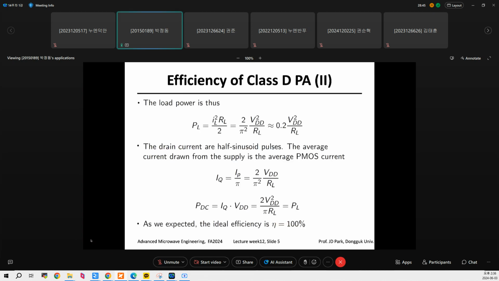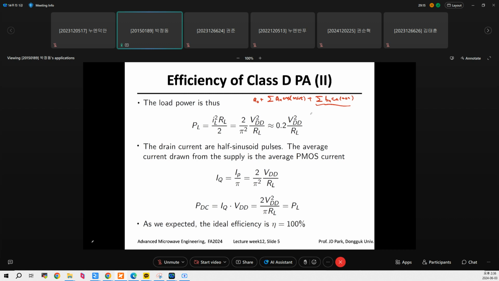Right, so let me just clarify. The Fourier series is just A0 plus sigma An cosine n omega t, right? Plus Bn sine n omega t, right? So previously we used this, right?